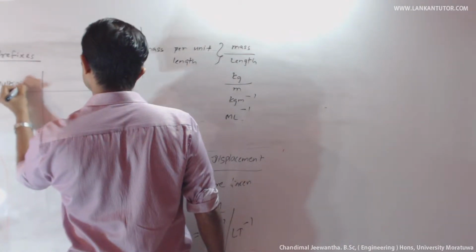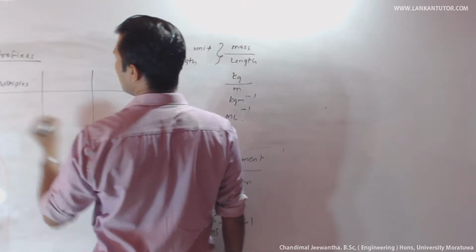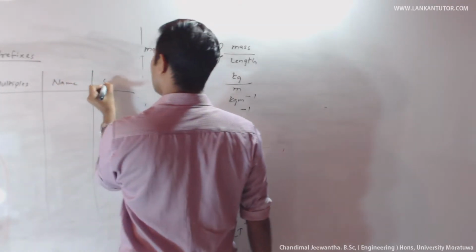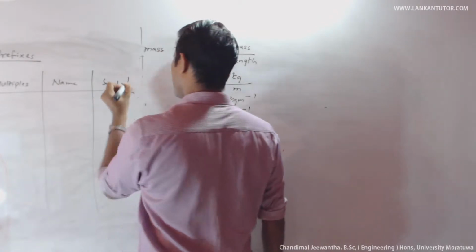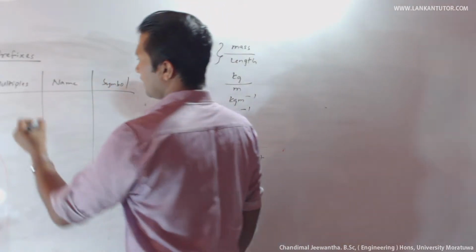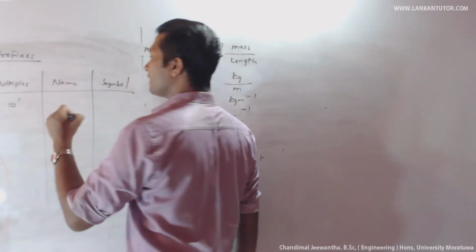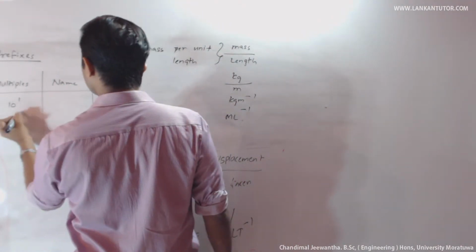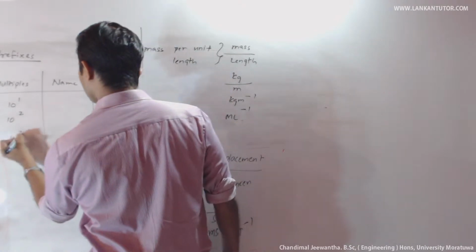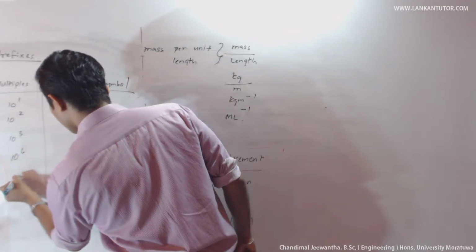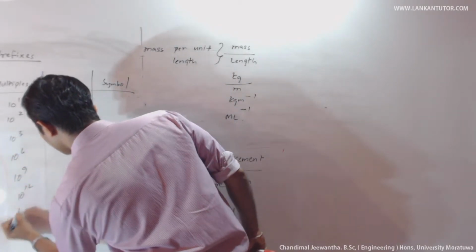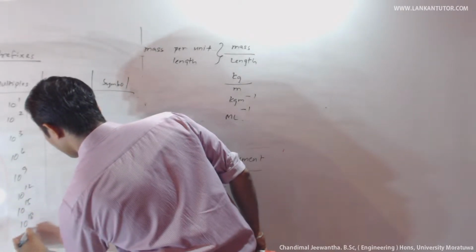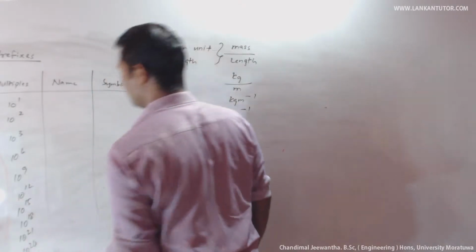Considering multiples, we can go through from 10 to the power 1 to 10 to the power 24. This is 10 to the power 1, 10 to the power 2, 10 to the power 3, 6, 9, 12, 15, 18, 21 and followed by 24.